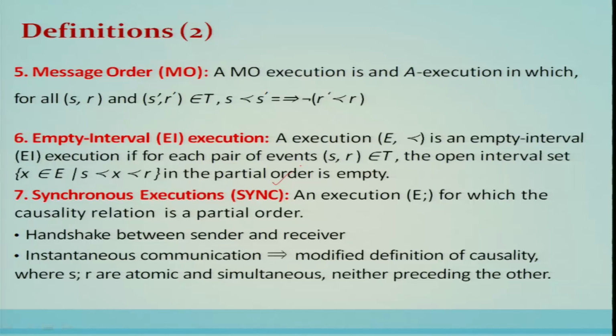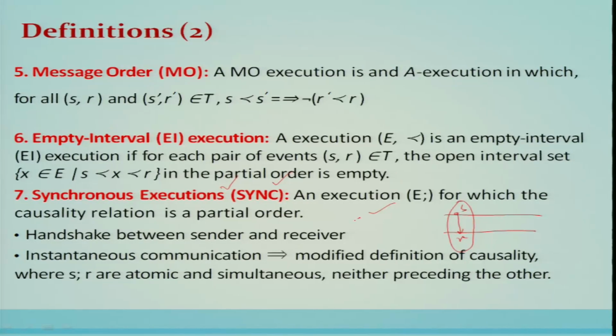that is, sync order. An execution for which the causality relation is a partial order is called the synchronous order. So synchronous order is like for every send there will be an instantaneous receive. So this will be handled as far as synchronous ordering is concerned over an asynchronous communication channel.